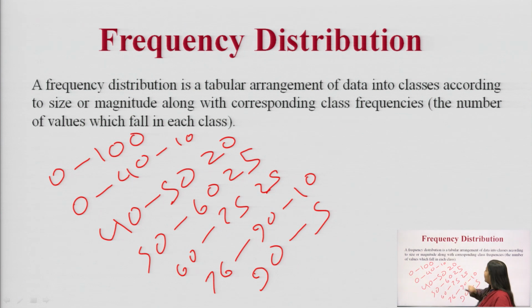So, instead of 100 rows, we divide our data into 6 rows.